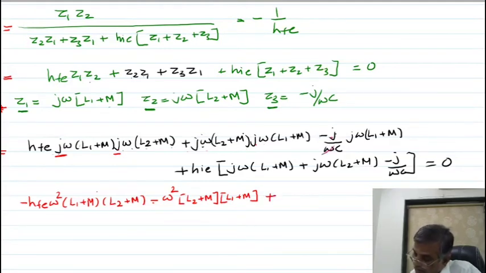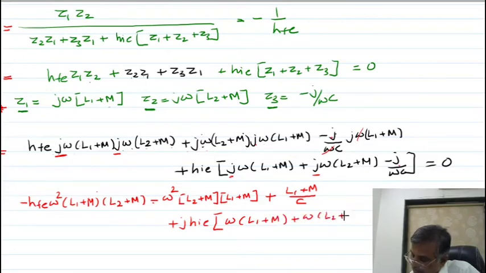So this ω is cancelled, so (L1 + M)/C. I think you understand. Now see here, j I am taking common for all this. So plus j hie into [ω(L1 + M) plus ω(L2 + M) minus 1/(ωC)] will be 0.